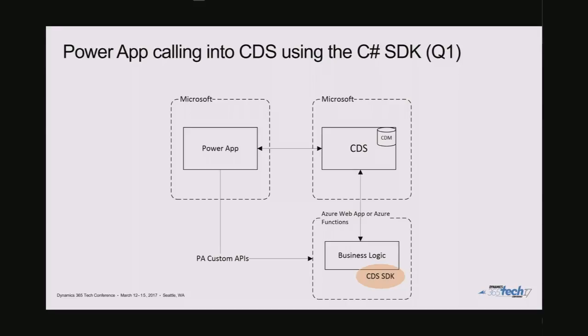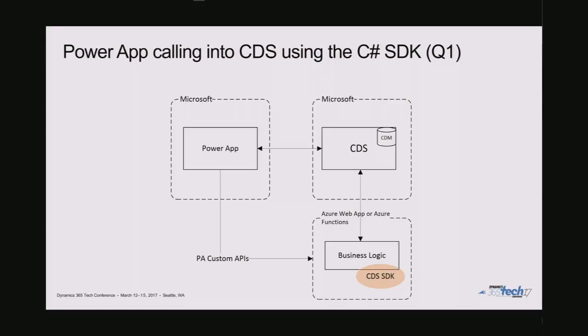All right, so we have a set of scenarios that we have in mind when we developed the SDK. The first one that we wanted to tackle was really tightly coupled with Power Apps. So there is the possibility of you writing a Power App against CDS that writes and reads data against it.